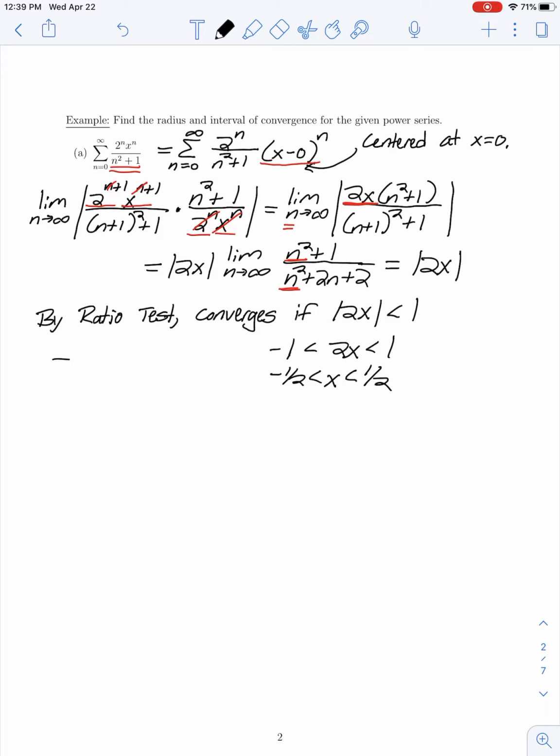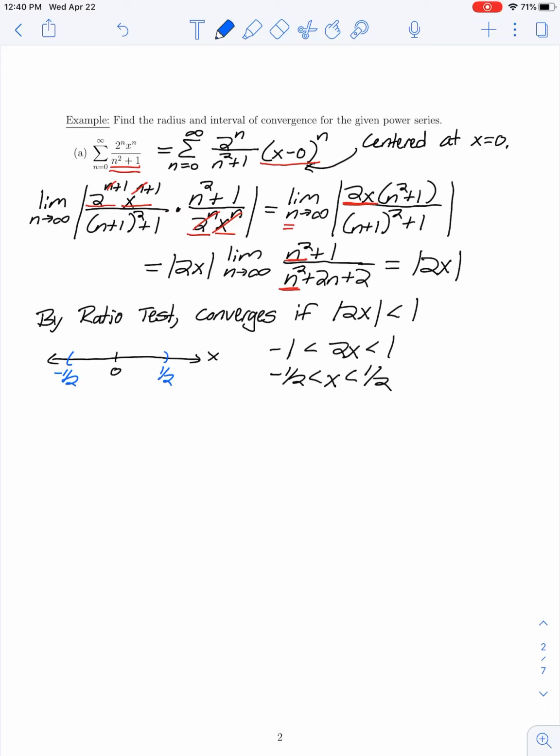Here, if we visualize this, if we think about our x interval, we were centered at 0 for this power series. And I know that I have convergence on the open interval from negative 1/2 to positive 1/2.